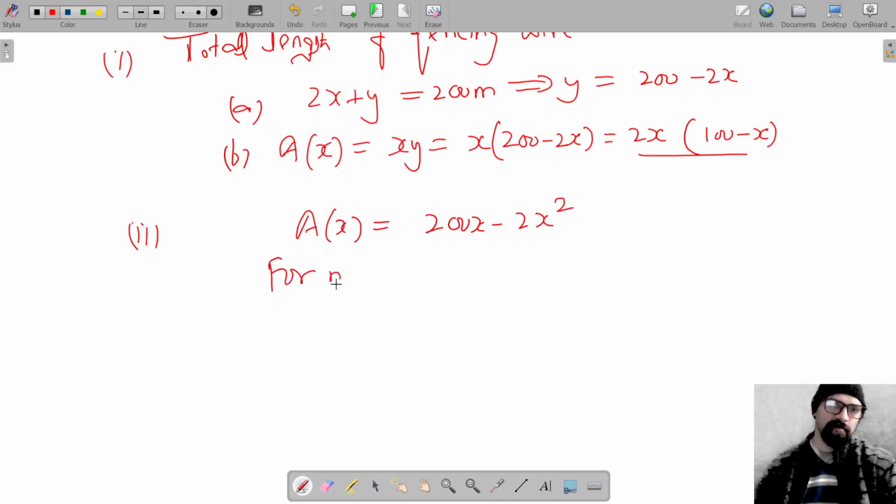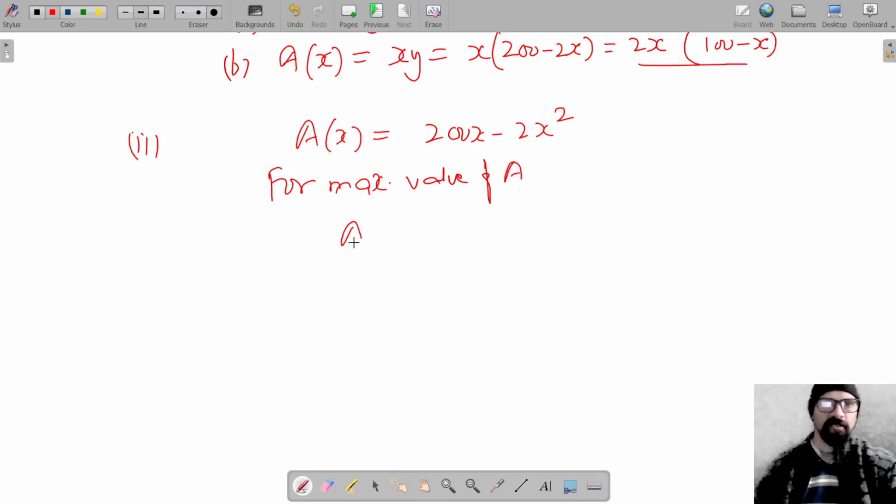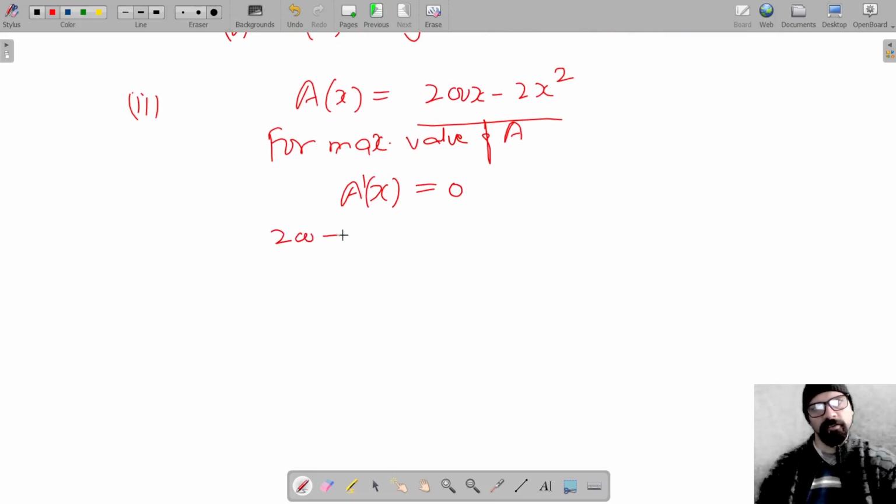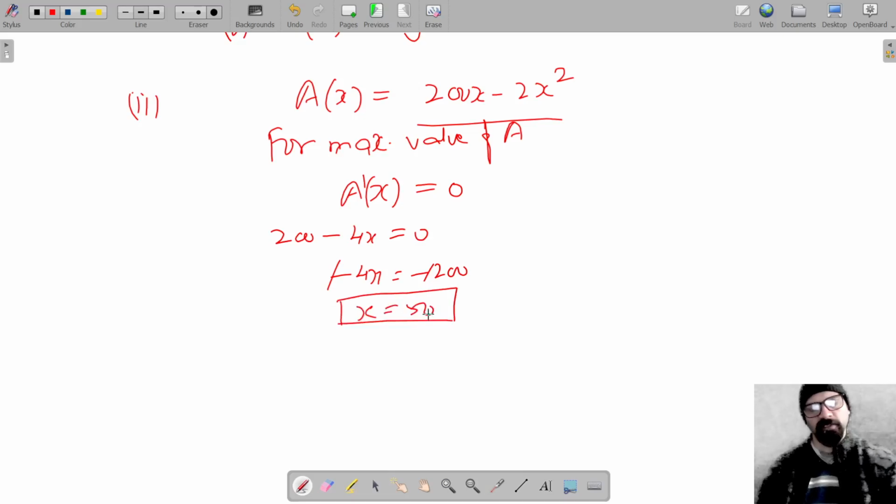For the maximum value, A dash x should be equal to 0. Its differentiation would be 200 minus 4x is equal to 0, which gives negative 4x is equal to negative 200, and x is equal to 50.